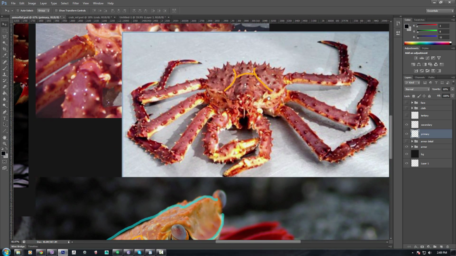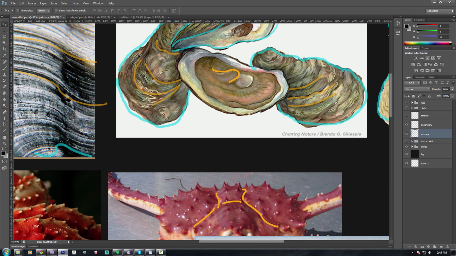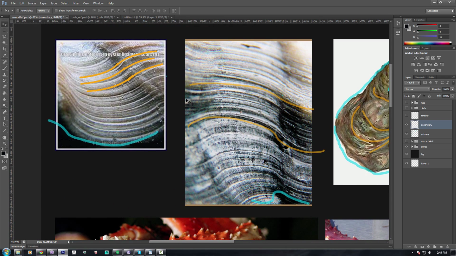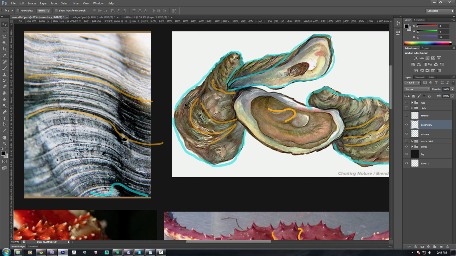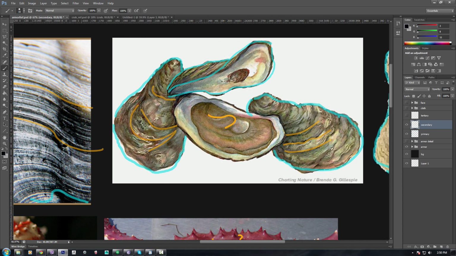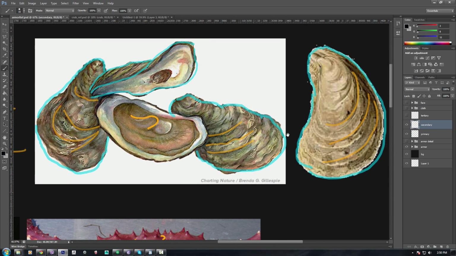Then there are secondary forms, which are in orange. They mostly are the patterns which bend the light. So secondary forms are mostly affected by the light. You can see all these lines which are moving, and they also complement the primary forms.